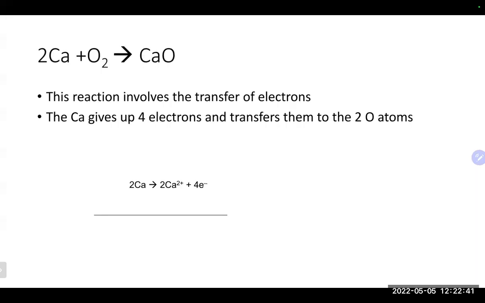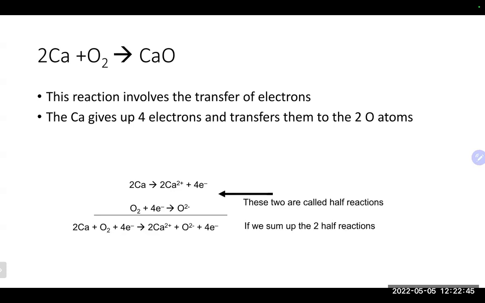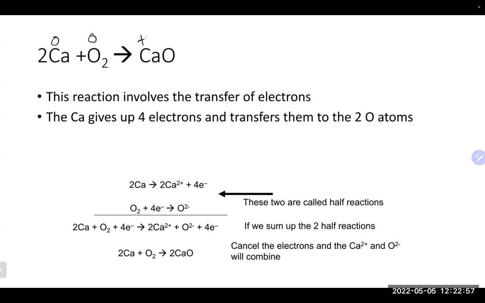We look at another example here. We have our calcium and our oxygen coming together in another synthesis reaction, which again is a redox reaction. 0 oxidation number here, 0 oxidation number here. When the calcium and oxygen come together, our calcium becomes +2, our oxygen becomes -2. If you're not sure, you could just follow what's happening.